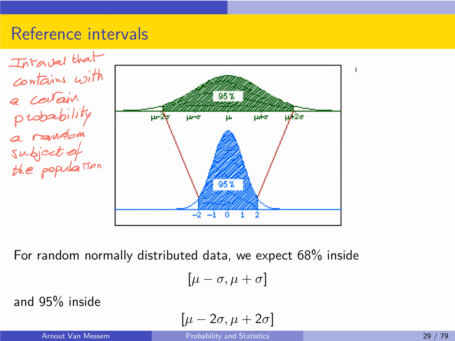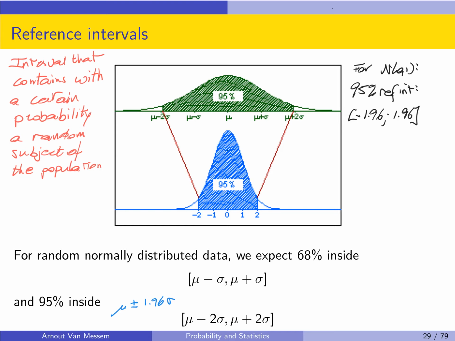For a standard normal distribution, we know that with 95% probability, a random observation lies between the values minus 1.96 and plus 1.96. So you can look this up in your tables and then you will find that the 2.5 percentile is minus 1.96, the 97.5 percentile is 1.96. We can then generalize this to any normally distributed data, and we can say that 95% lies within the interval mu plus or minus 1.96 times sigma.